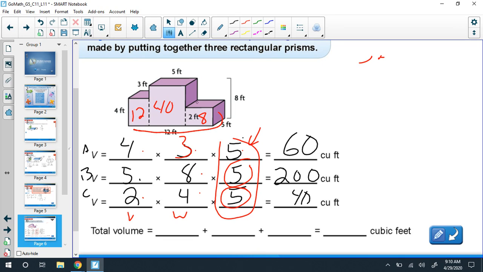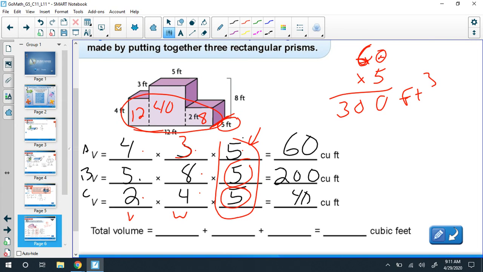Now we can take these three numbers and add them together to get the total area of the front of this composed figure. Well, 12 plus 8 is 20, and 20 plus 40 is 60, right? So the base area of this composed figure is 60 square feet, and then we just multiply it by that depth. The whole thing was 5 feet deep, and 5 times 0 is 0, and 5 times 6 is 30, so 300, and that's what we got for our answer earlier.